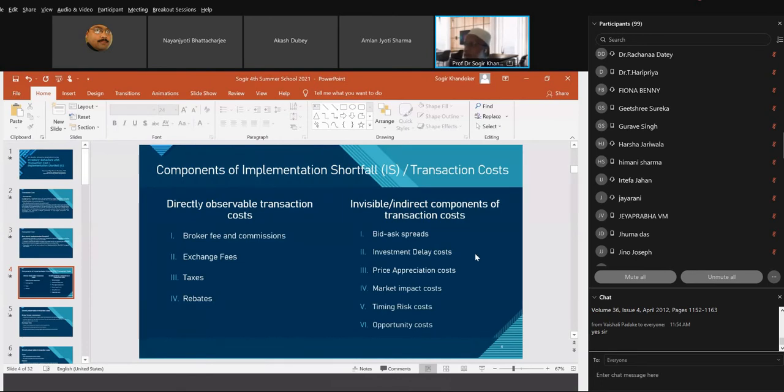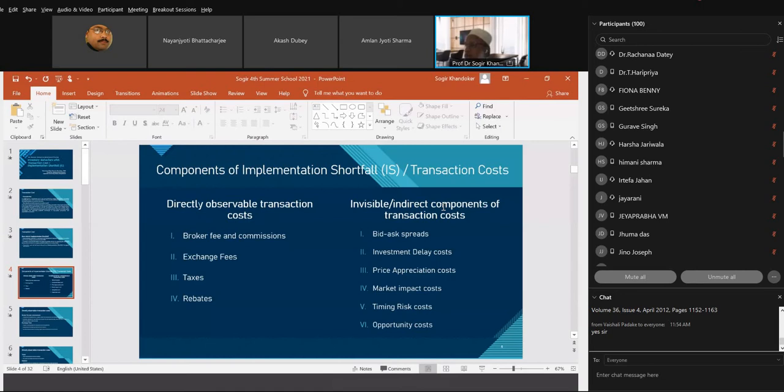Components of implementation shortfall, or transaction cost. The components can be divided into two categories: directly observable transaction cost and invisible or indirect components of transaction cost. The directly observable components include broker fee and commission, exchange fees, tax, and rebate.